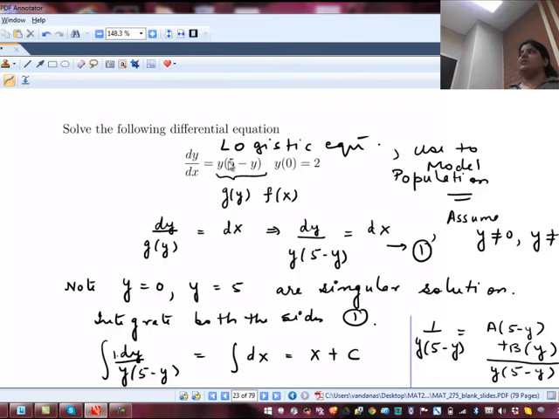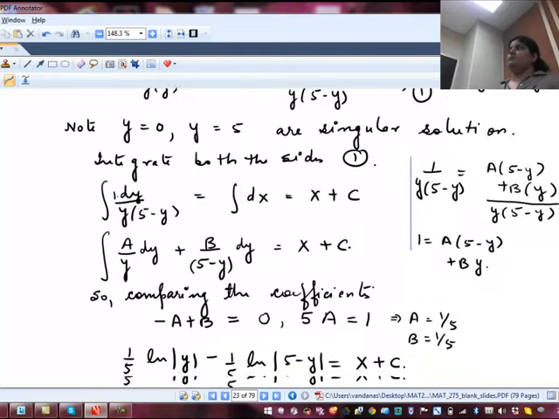If you try to understand here, 5 times y minus y square is decreasing the population. So there is death, lack of food, lack of space, or a lot of factors by which population could be decreased, and population is increasing just linearly here in this differential equation. It was a crude model, but I think after Malthusian, this model came. First was Malthusian, and then it was the logistic equation.